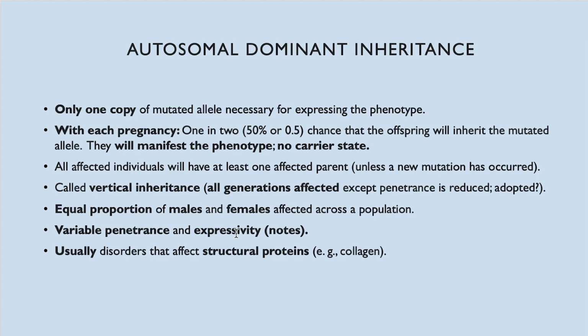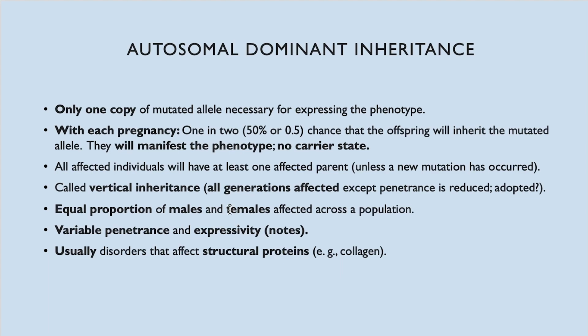For example, in a disease that affects skin pigmentation, some people may have smaller patches of very light skin, while another person may have larger patches of light skin, or maybe not so light. Both express the trait, but the severity or the intensity varies.